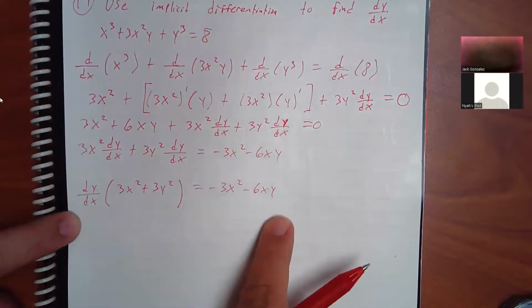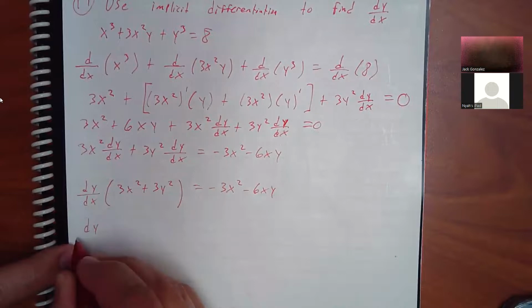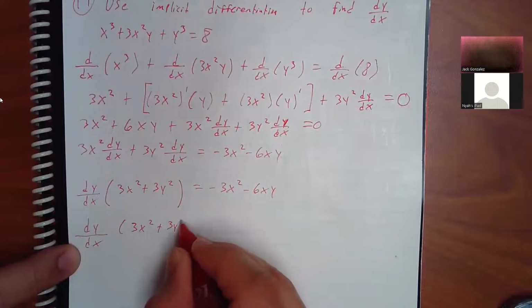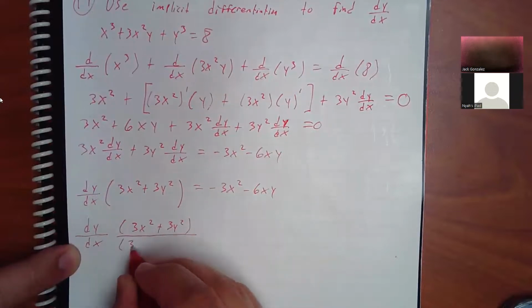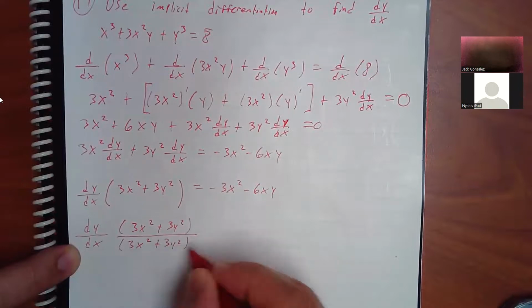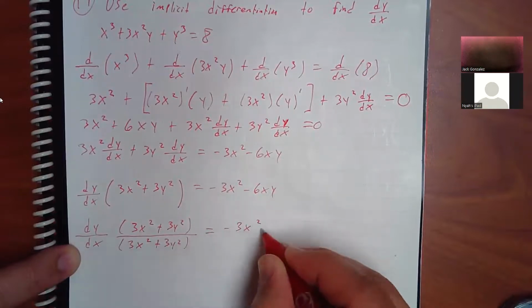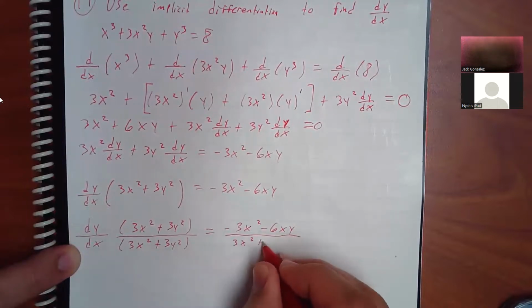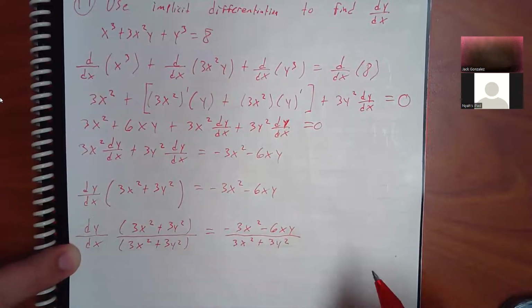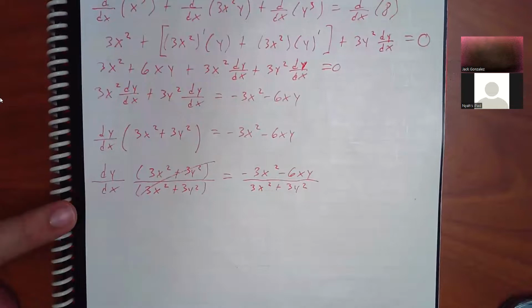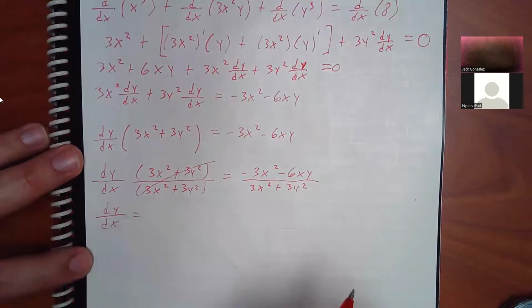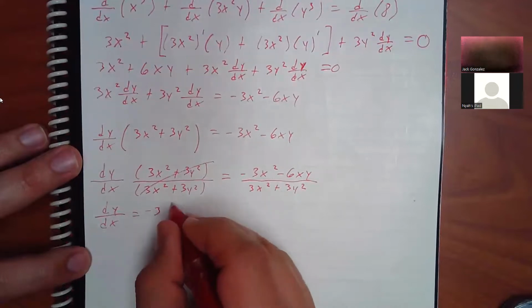Divide this over there. You want to reduce that fraction? Factor out a 3, right? We have 3 in the denominator, so we cancel. Factor of negative 3 from the top.